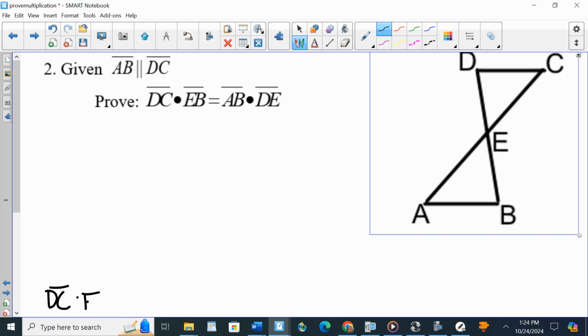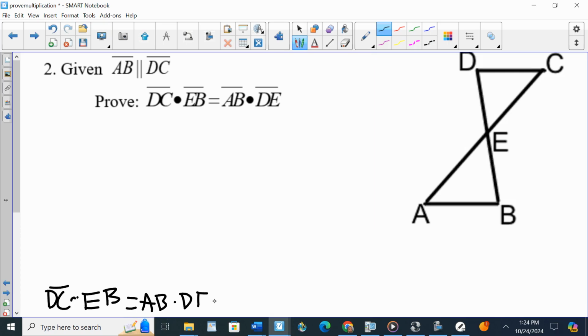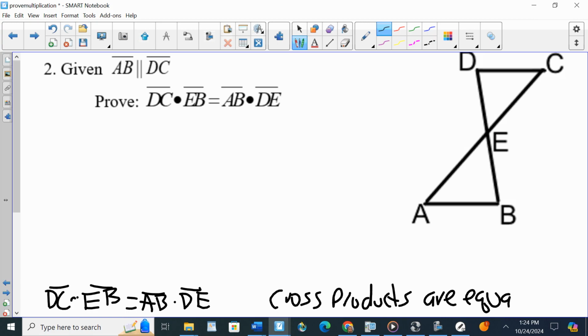DC times EB equals AB times DE. The reason for the multiplication, always cross products are equal. Before the multiplication, always is the proportion.